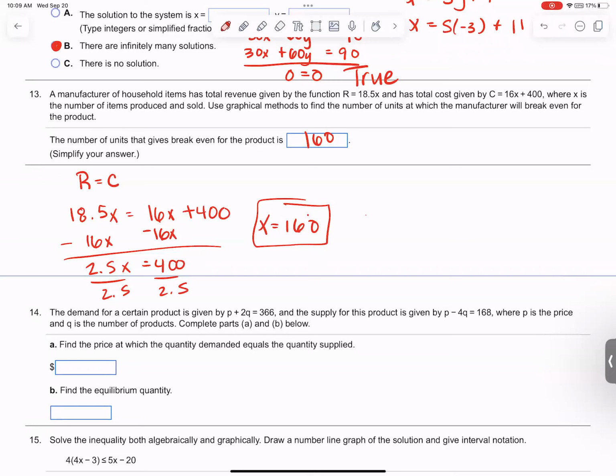Okay, so we're going to graph 18.5x and 16x plus 400. Oops, lost my calculator.